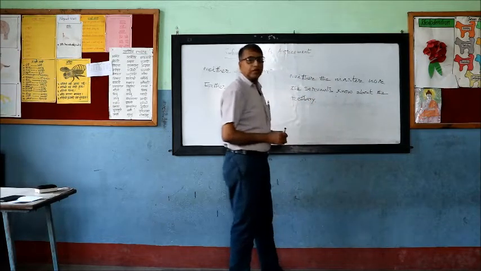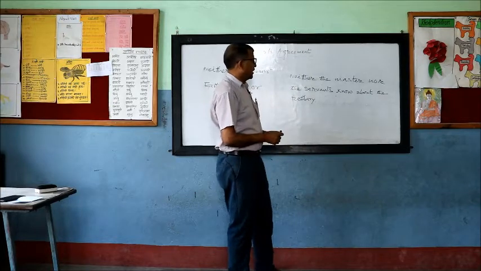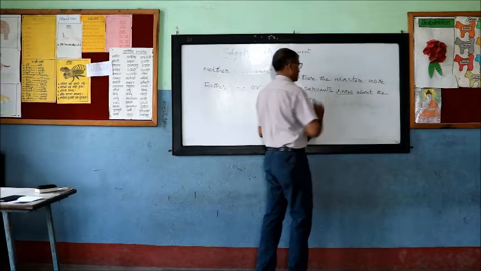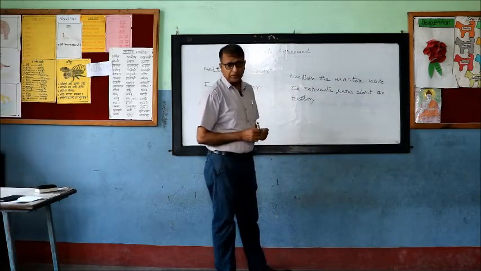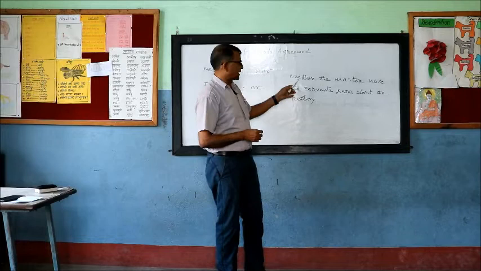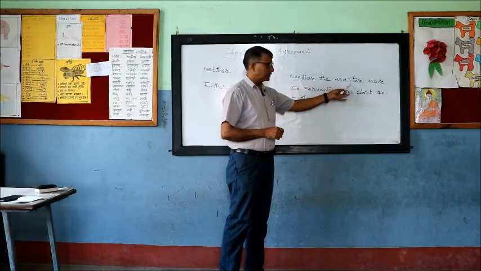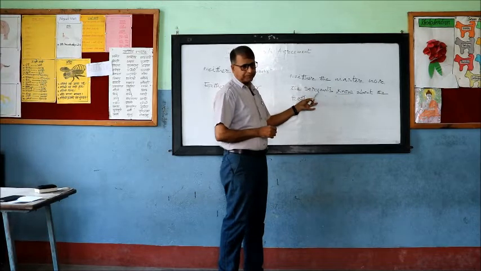So please have a look here on the whiteboard. I have used plural verb know here. Why? Because there are two subjects. One is the master, the other one is servants.